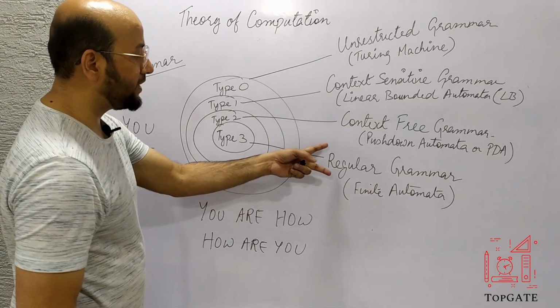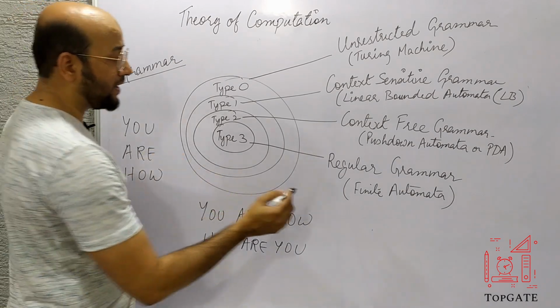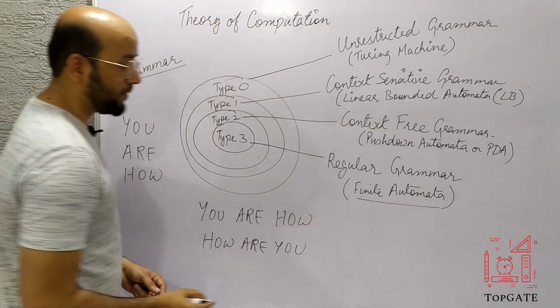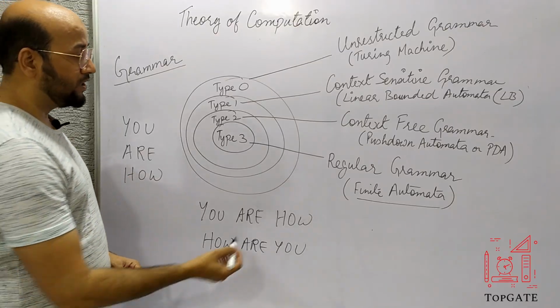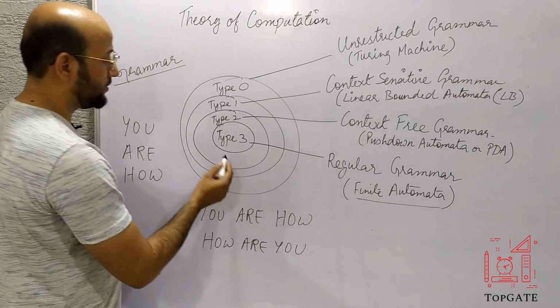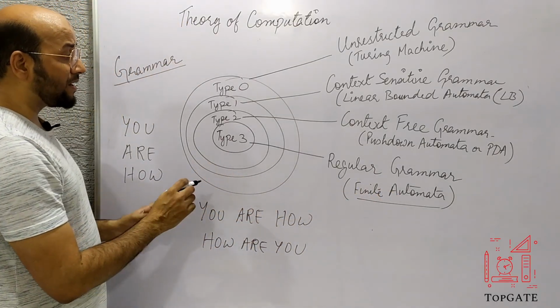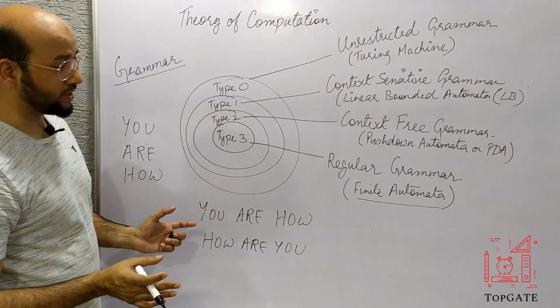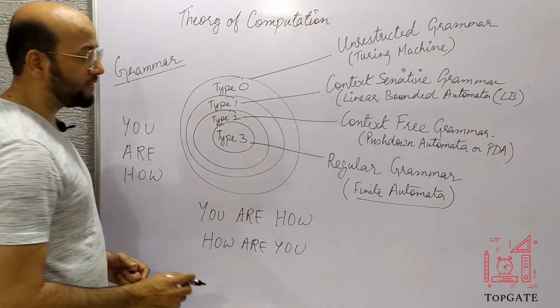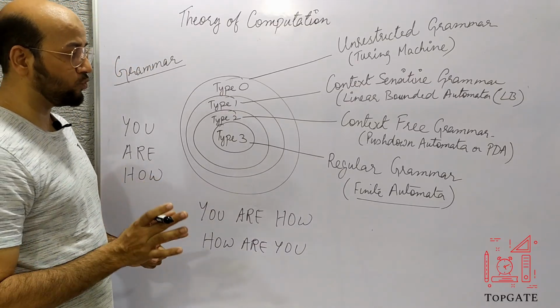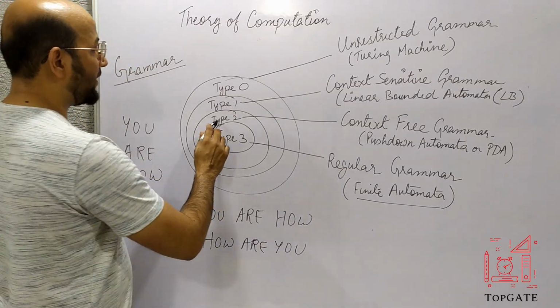Now this type 3 regular grammar is implemented by a finite automata that we have already discussed, that is NFA and the DFA, Mealy and the Moore. So this regular grammar is the type 3 one, and there are a maximum number of restrictions in this grammar. So for this grammar we'll be using a finite automata, that is NFA and the DFA, Moore and the Mealy.